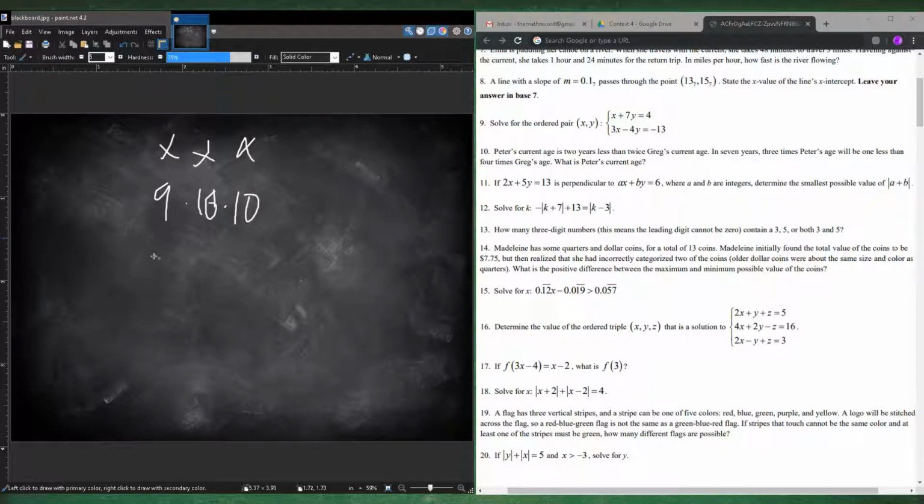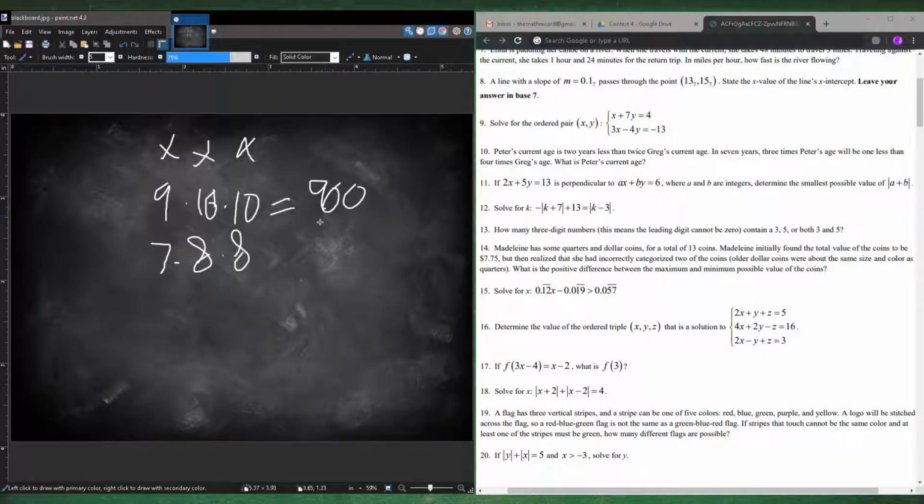So how many ways can you put for the first number when you cannot have a 0 or a 3 or a 5? That's 7 ways. And how many ways can you put for the second number that's not 3 or 5? Now you can have 0, so there's only 8. In this same case, 8.